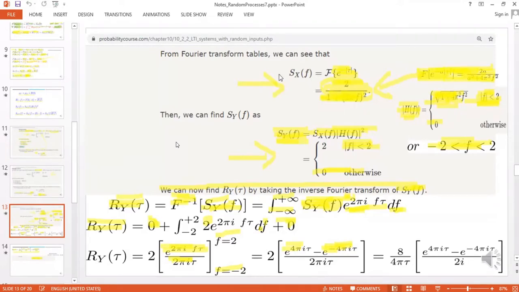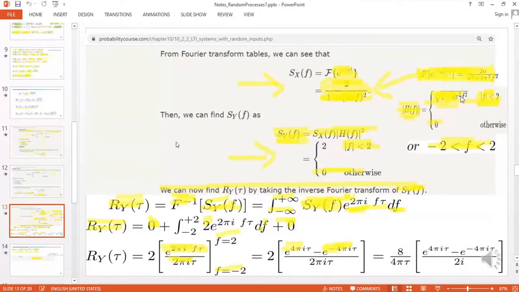Now we multiply this SX(f) with the H(f). H(f) is already there. When f is lying other than this domain, it is 0. And we take a square of it, so we will get 1 plus 4 pi squared f squared when f lies between minus 2 to plus 2, and otherwise it is 0.